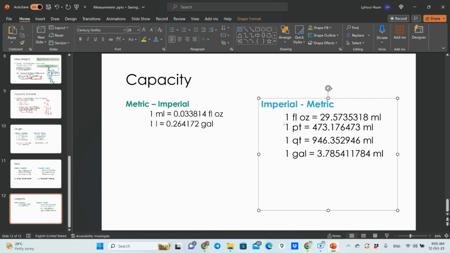Okay. To convert, let's do only one, that's more than enough. Let's do it easy.